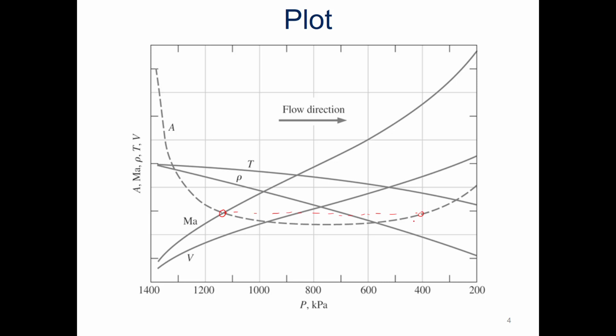We have about the same area, but notice the Mach number is way up here. So at the same area, we can have different Mach numbers, all depending on how the flow is going through our converging and diverging nozzle. That's really important. We kind of looked at that last time, and we're going to look at that more in depth here today.